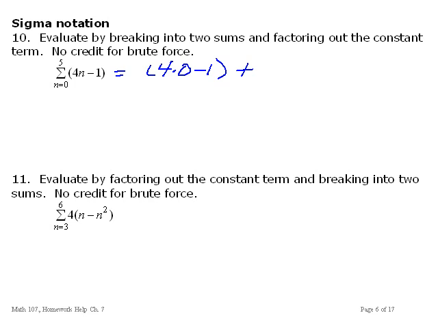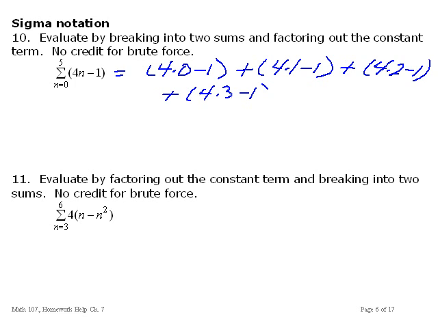Then I increment the counter to 1, and I get 4 times 1 minus 1, and then just keep going. It's already getting boring. Okay, 4 times 2 minus 1, 4 times 3 minus 1, 4 times 4 minus 1, whoops, that was a 1, and then 4 times 5 minus 1.